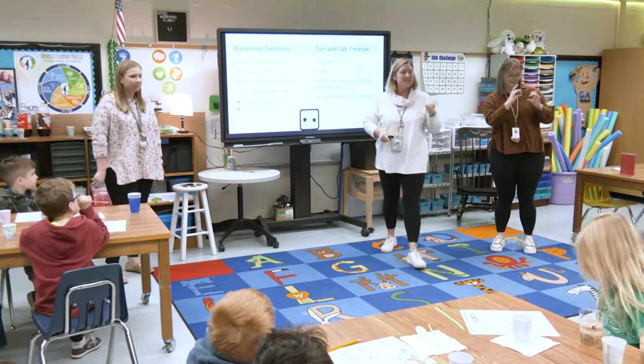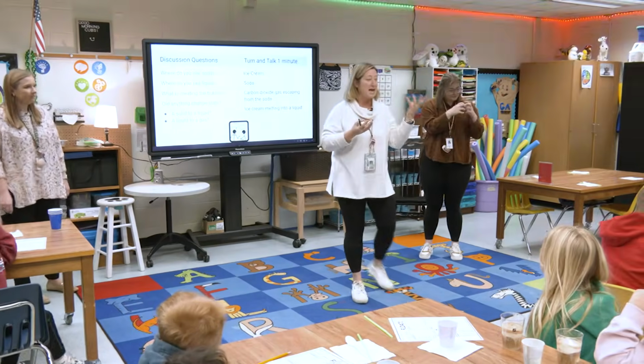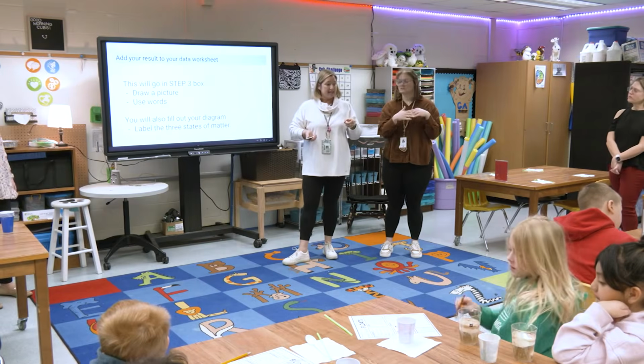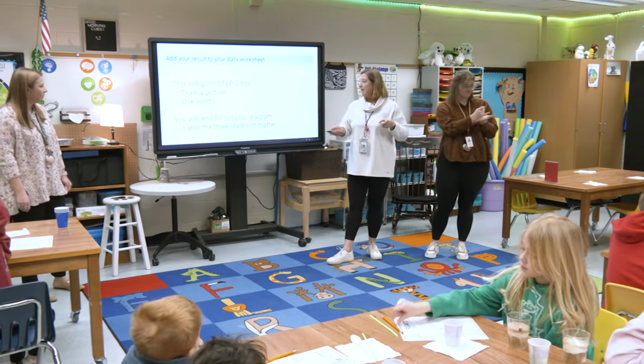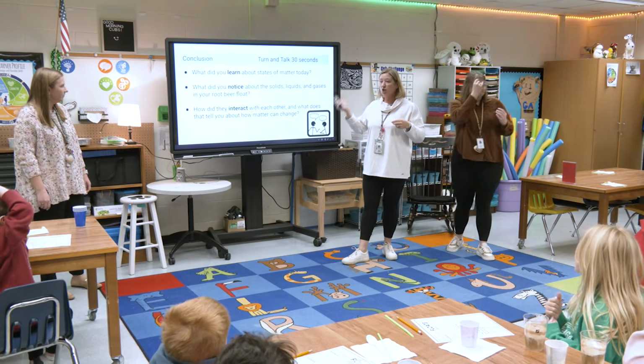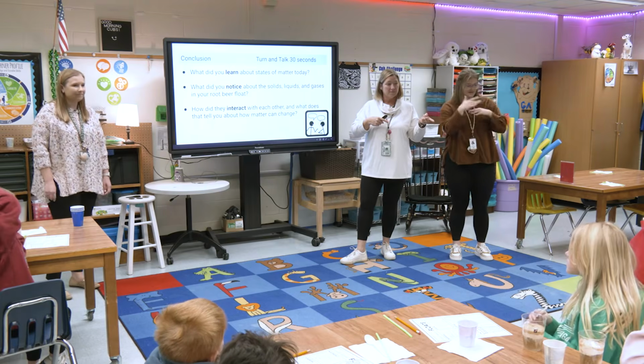And then some people did tell me that their ice cream was melting from a solid to a liquid. So we've already done our box in step 3, okay? And I think it's time for you to think about what you learned about states of matter so that then we can get to the fun part.